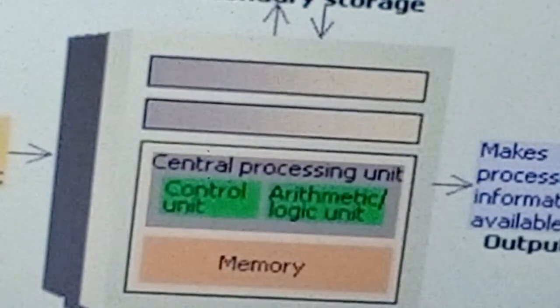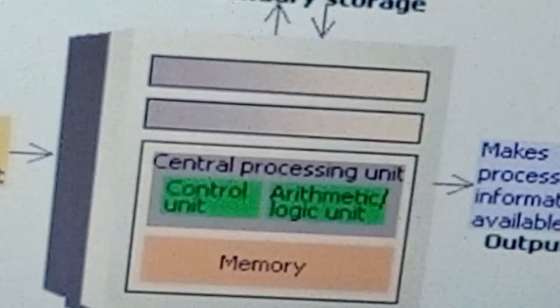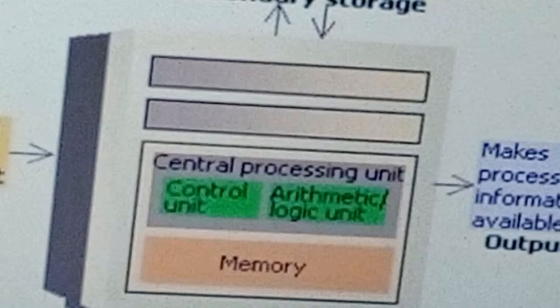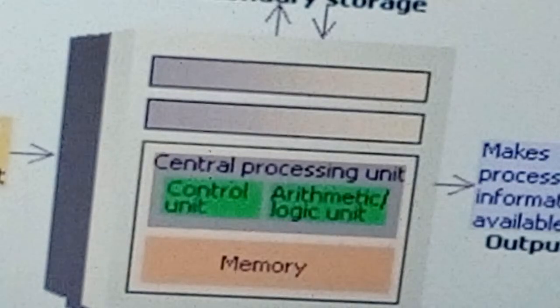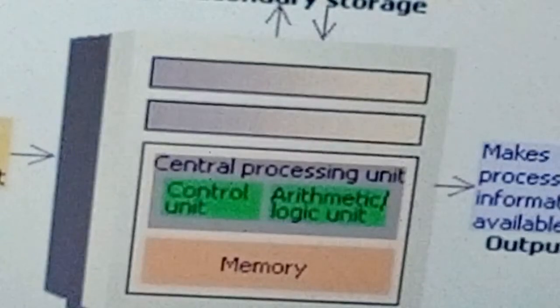Every application on a computer is first loaded into random access memory, which makes it fast to access.